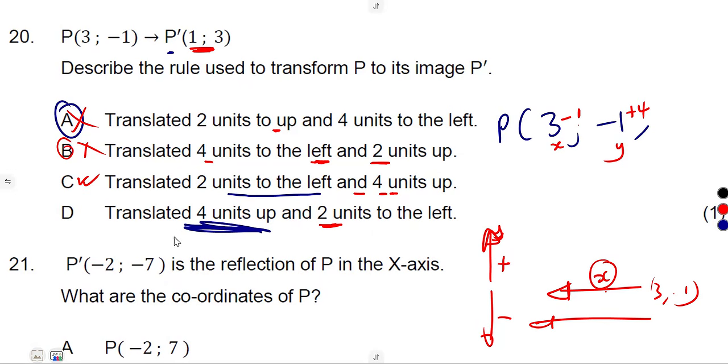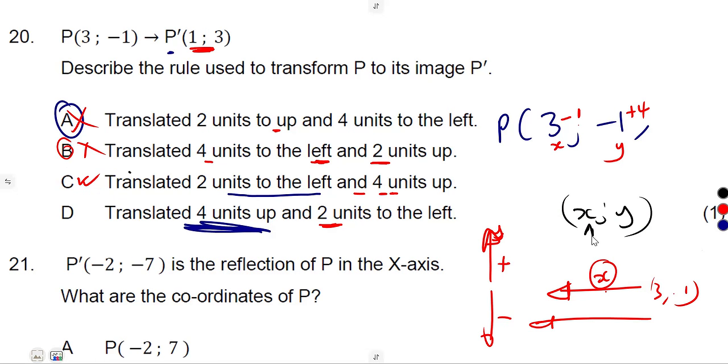So if we check D, here's something that we want. But the case of D now is the sequence. There we can ask why we moved 2 units to the left and then we moved up. Remember, if we consider points, it's x followed by y.